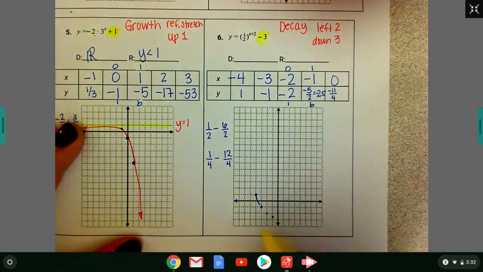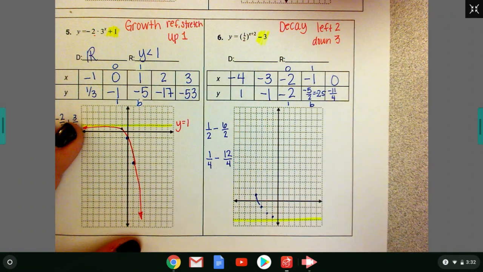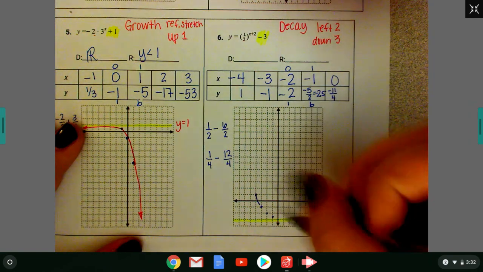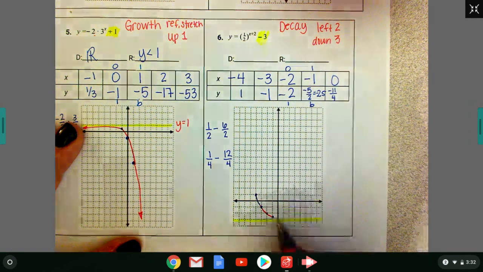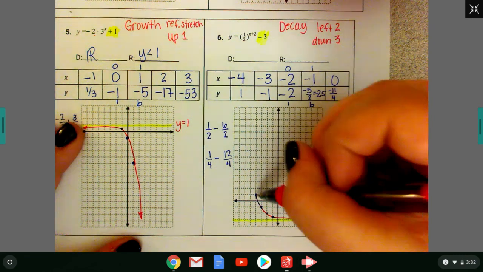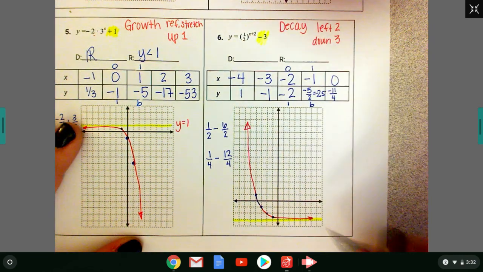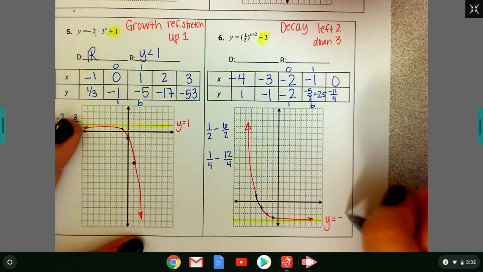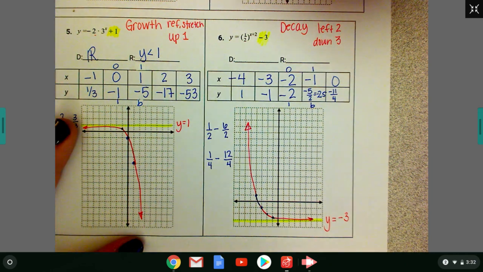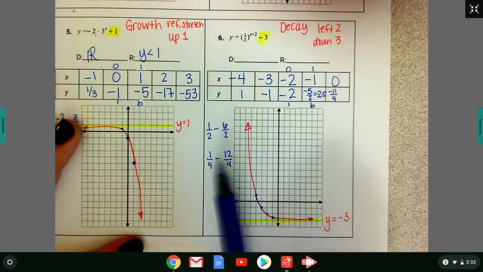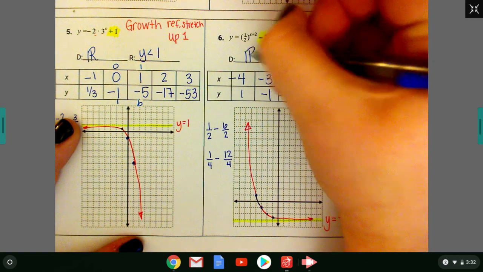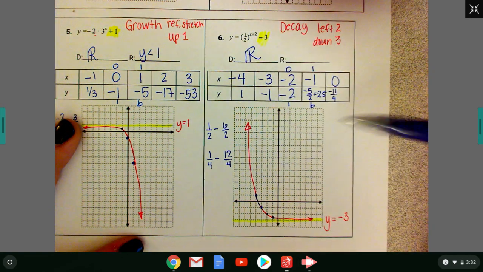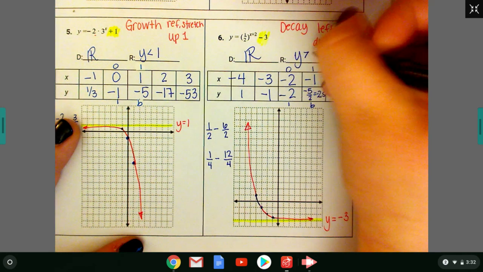That's at negative 3, and I'm going to get as close as I can to it, but not cross it. So our asymptote line here is at y equals negative 3. Our domain is all reals, so from left to right, and our range is everything above negative 3, so y greater than negative 3.